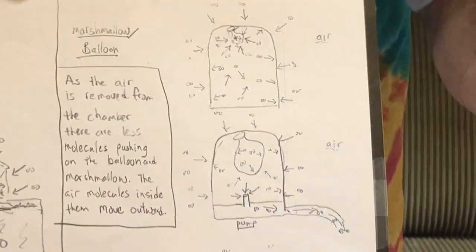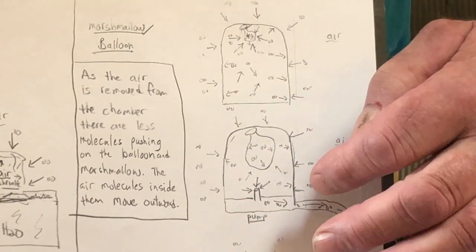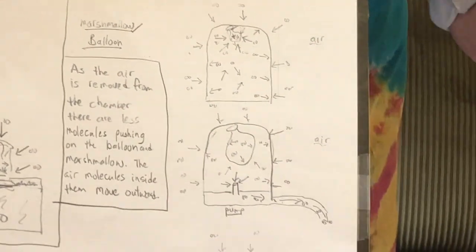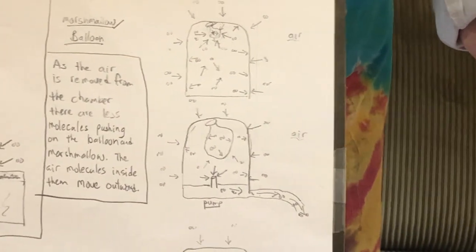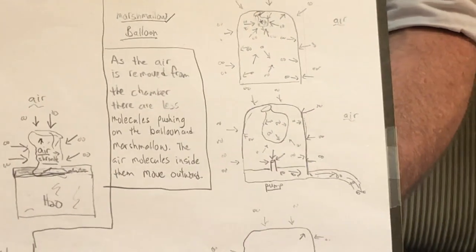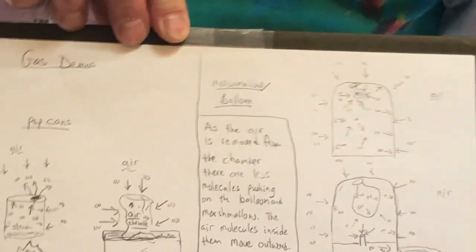But once I turn the vacuum chamber on, it starts taking air molecules out of the chamber. Those gas molecules in the balloon have less pressure on them. They are able to bounce against the sides of the balloon with more effect, and they make the balloon get bigger.